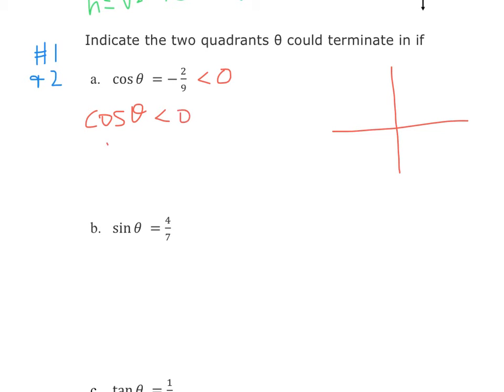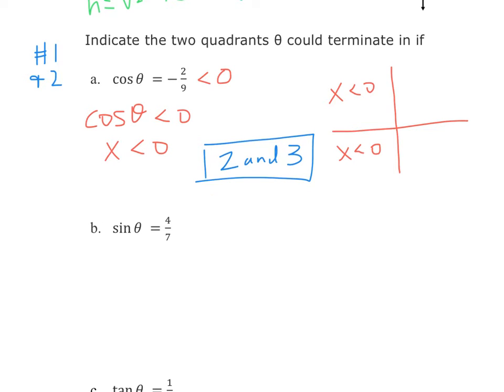Well, cosine corresponds to x, so we're looking for the quadrants where x is negative. Well, that's going to be the second quadrant and the third quadrant. So theta could have terminal side in either of those quadrants. So the answer is quadrants 2 and 3.